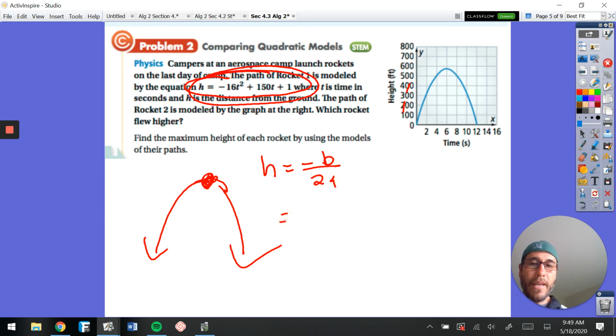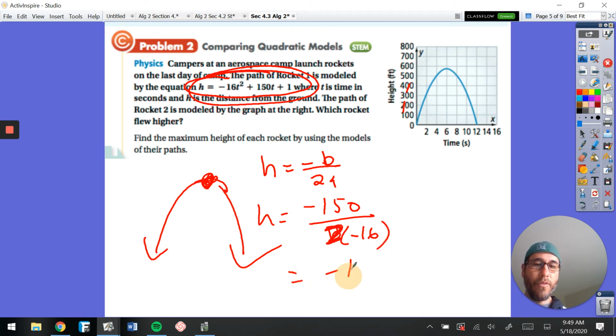So what would that be? That would mean h would be equal to the opposite of negative 150 over 2 times negative 16, which would be negative 150 over negative 32.